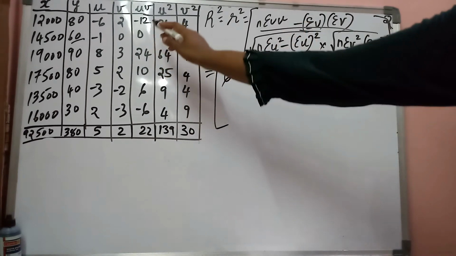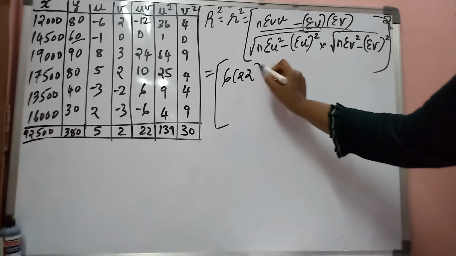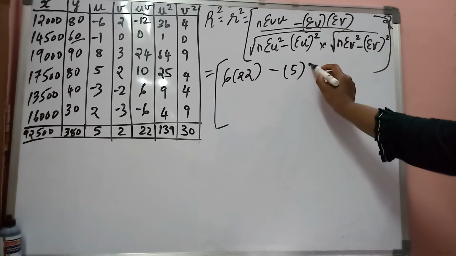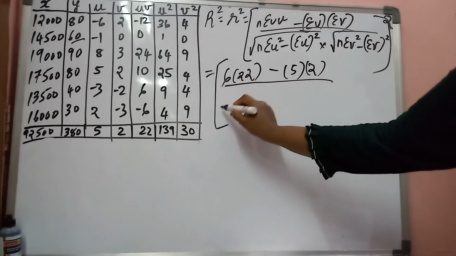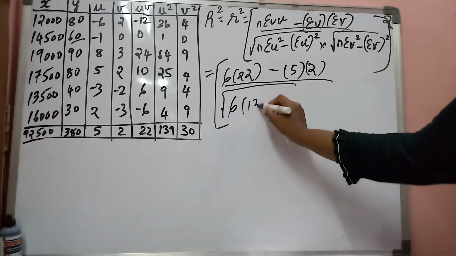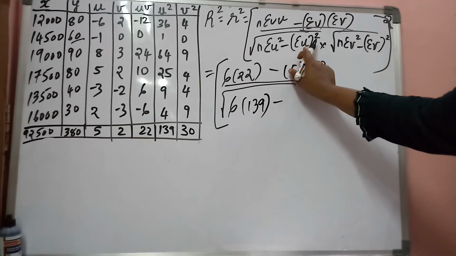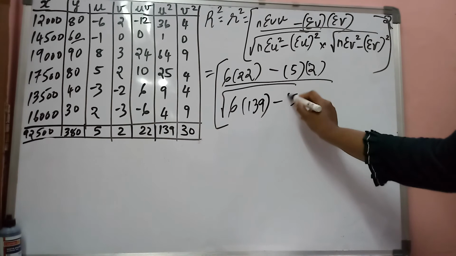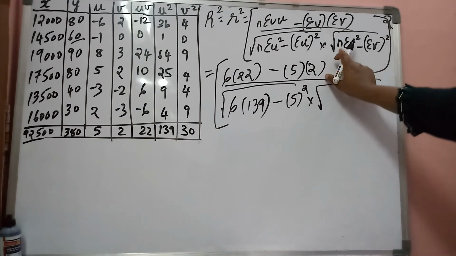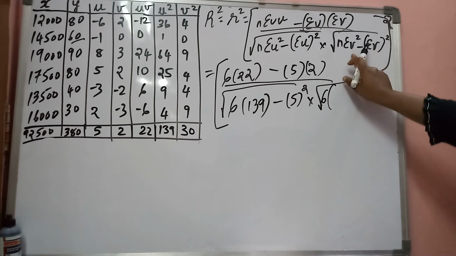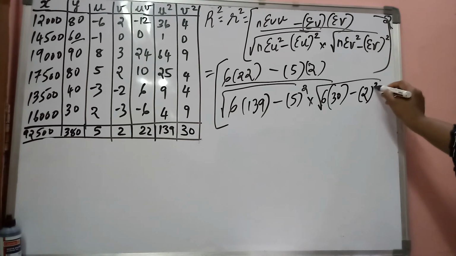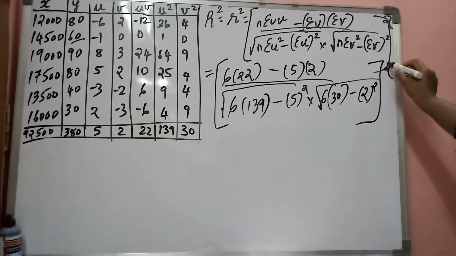Then sigma uv is 22 minus sigma u is 5 and sigma v is 2. Then divide, again square root, again 6 into sigma u square is 139 minus sigma u the whole square, that is 5 the whole square, multiplied by square root of again n is 6, then sigma v square is 30 minus sigma v the whole square, that is 2 the whole square, and whole square like this.